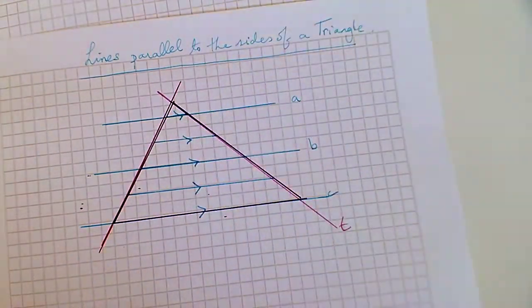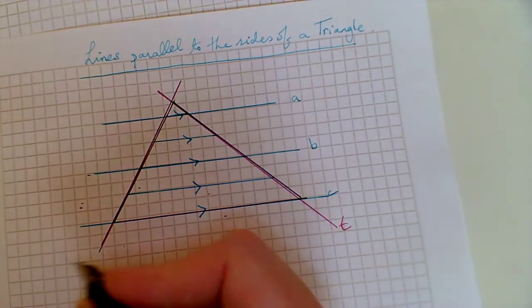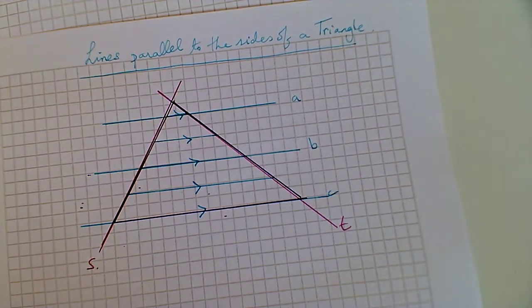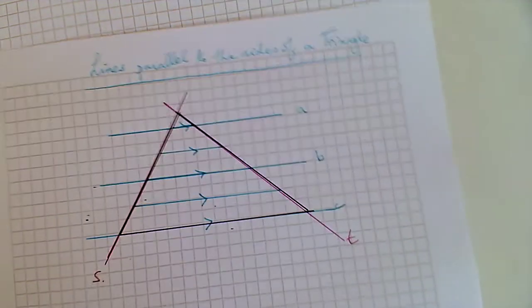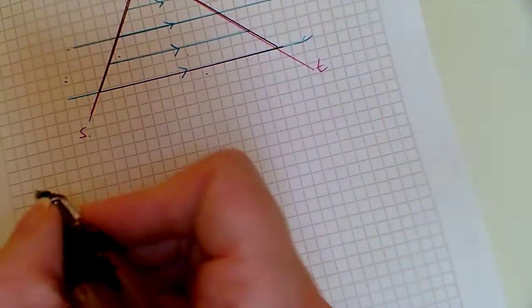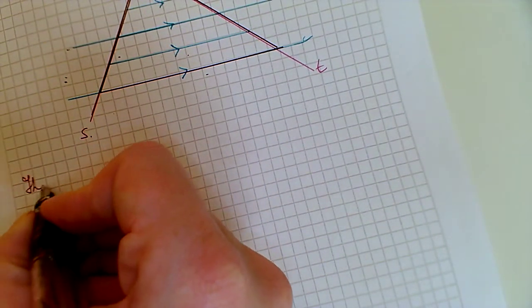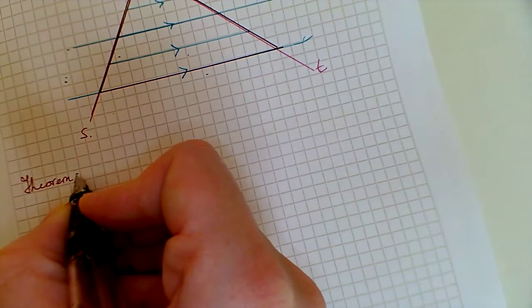Just transversals that cross over each other like this. Transversals S and T. Okay, so in a diagram like this, we get a theorem about the lines parallel to the base of a triangle. And we need to know the statement of this theorem. And we need to know how to apply it.